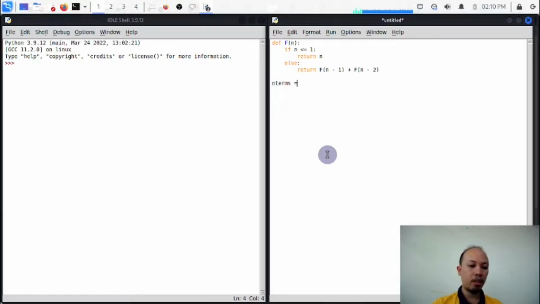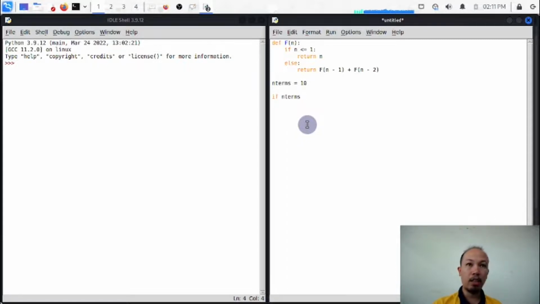For example, if you want the 10th term, n terms is equal to 10. First we have to check if the term is valid. The term should be a positive number, or 0, including 0.